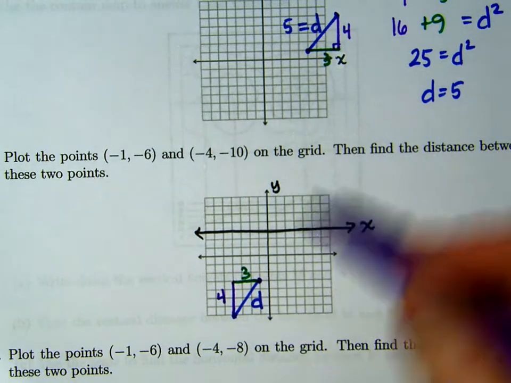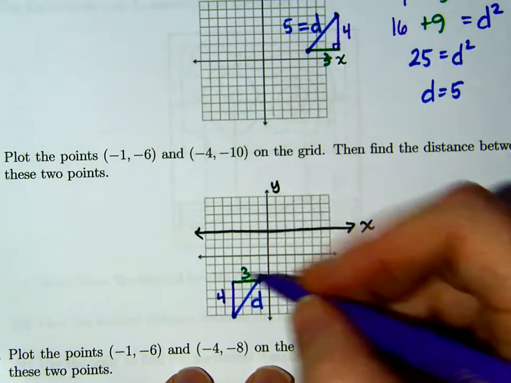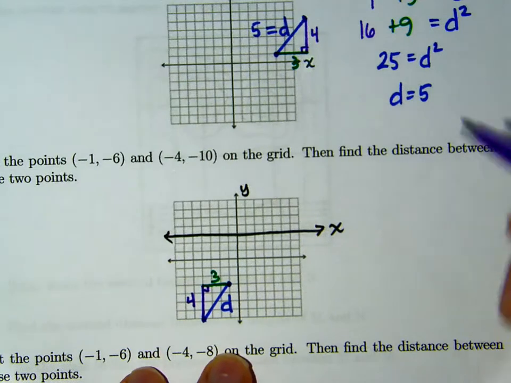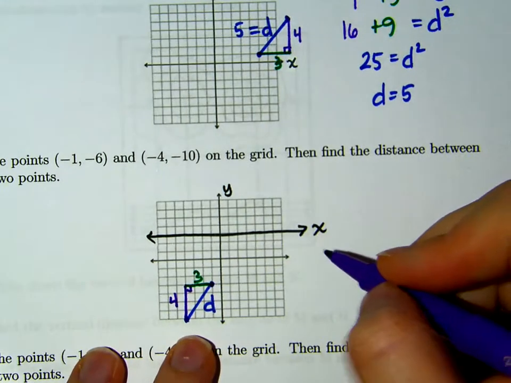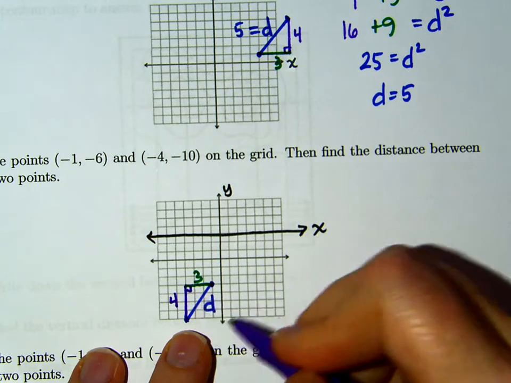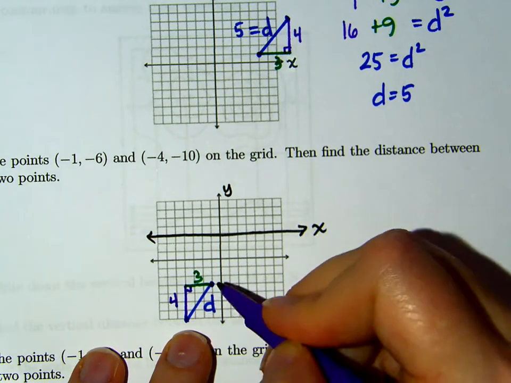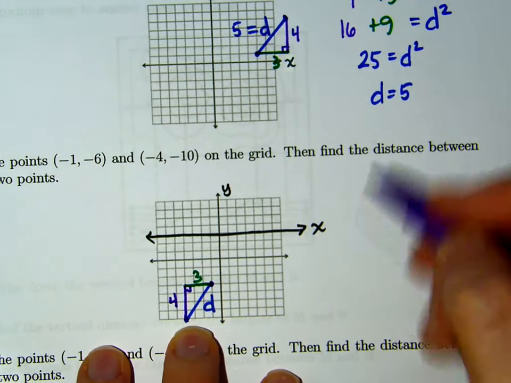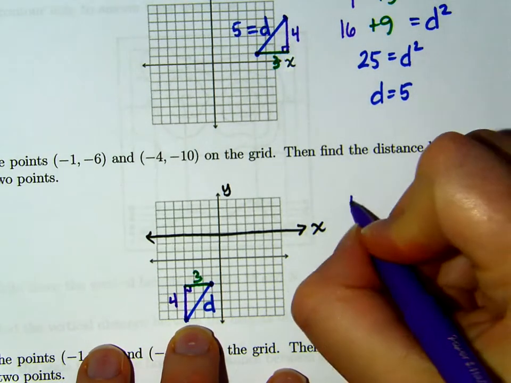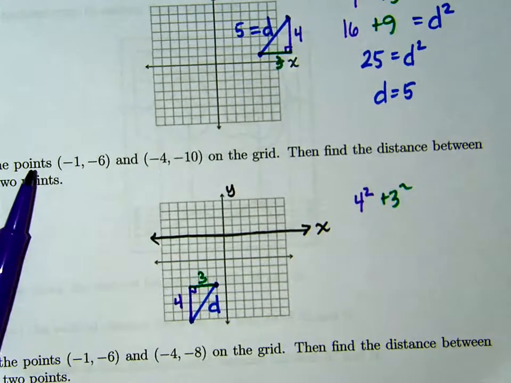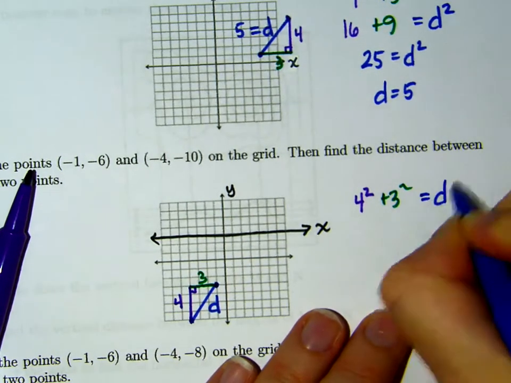And it looks to me like I have the same exact triangle all over again, where the shorter 2 sides, which are adjacent to the right angle, and the hypotenuse, the longest side, is always this diagonal one, is, let's see, 4 squared plus 3 squared equals d squared again.